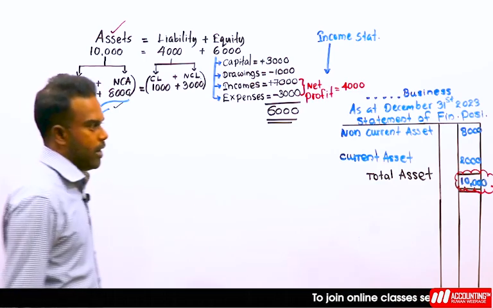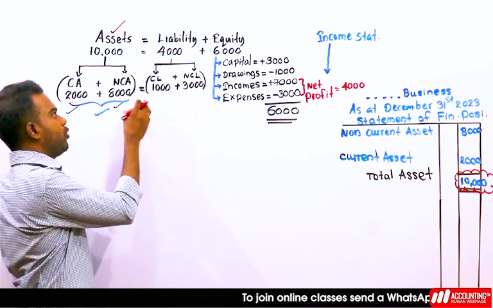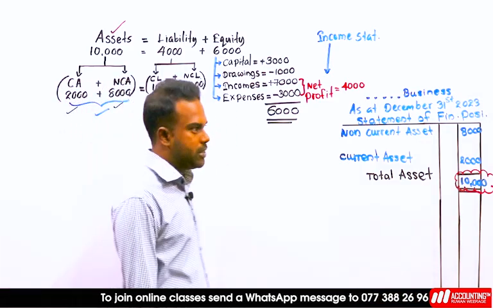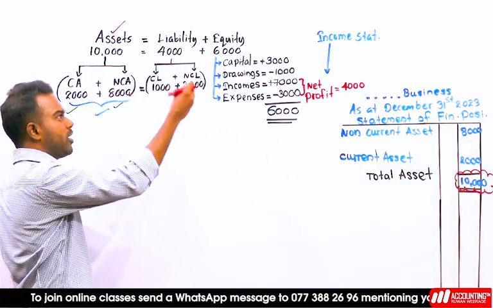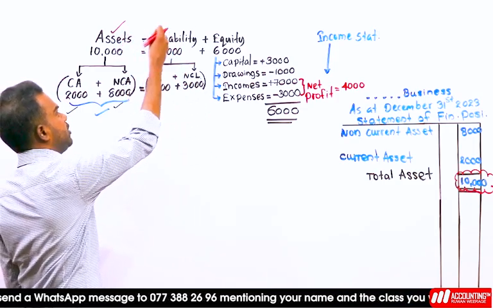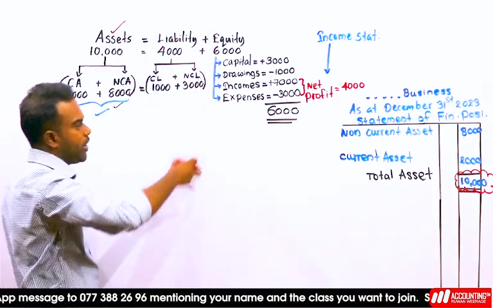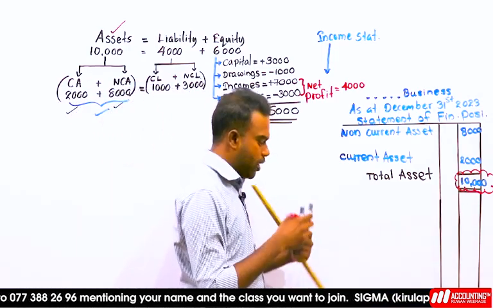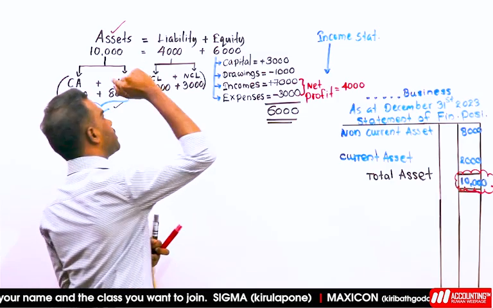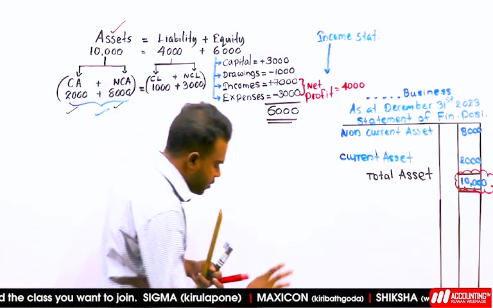Understood? Next part, according to the equation, will be liability, but we are not going to present liabilities here. You can write the equation in any way, such as asset equals equity plus liability, but here we have to present equity first.